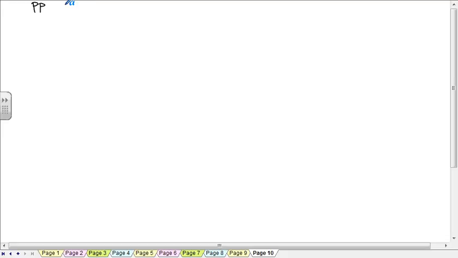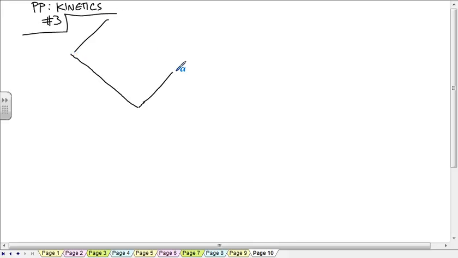Okay, well, so kinetics. Number 3. All right, so you have an object like this with a rectangle removed. It says the small rectangle has a length of 2 and a width of 0.6.